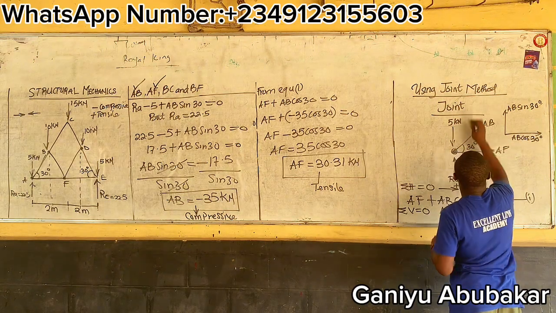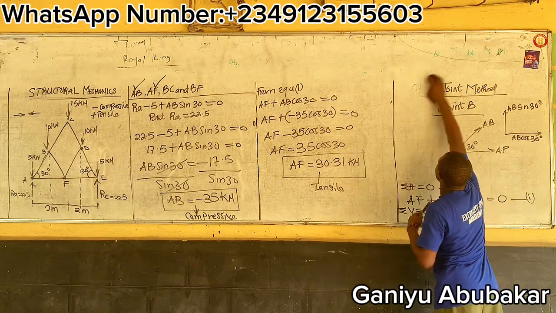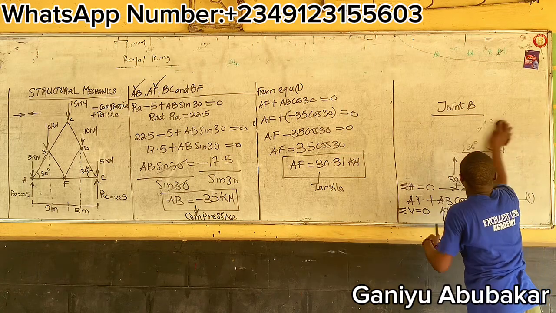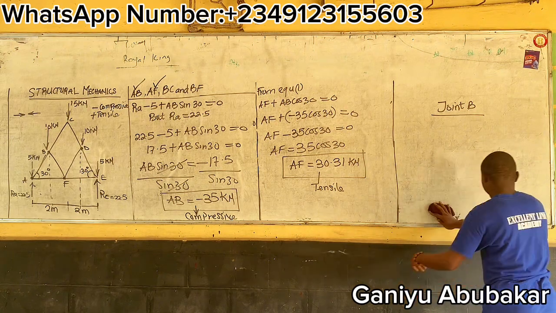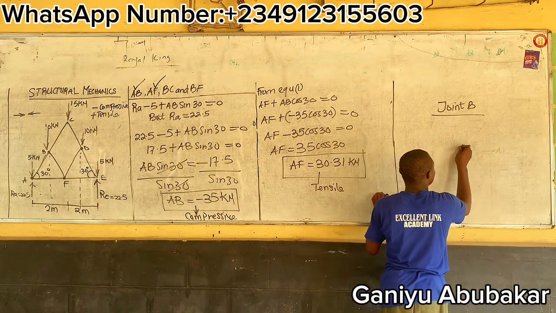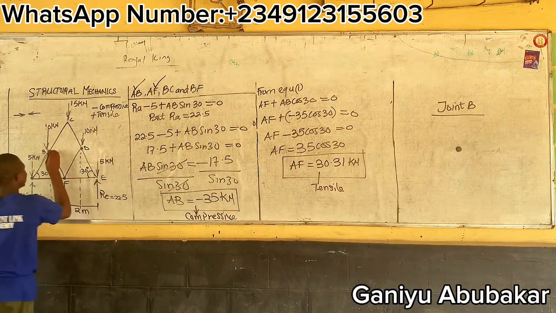Joint B now. I have to clean this one. So joint B. At joint B, what are you seeing? Look up. This is my joint B, Abby. This space here is what you're seeing.